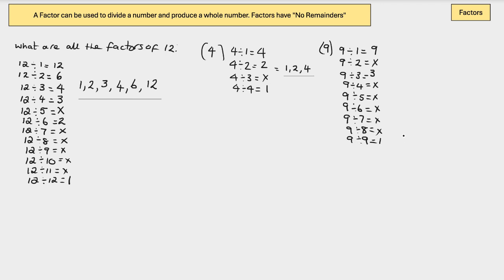So we know that the factors of 9 equal 1, 3, 9.